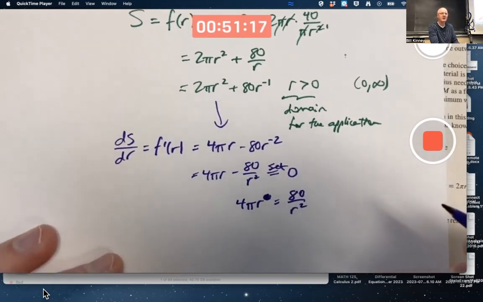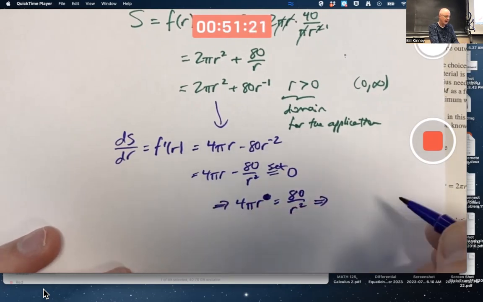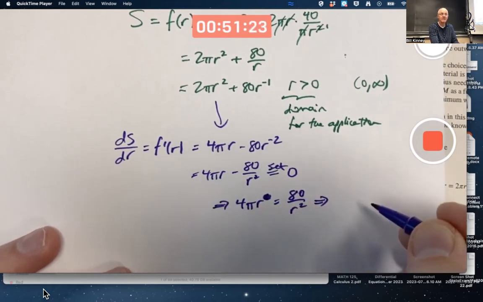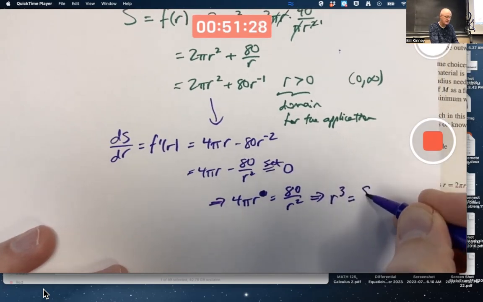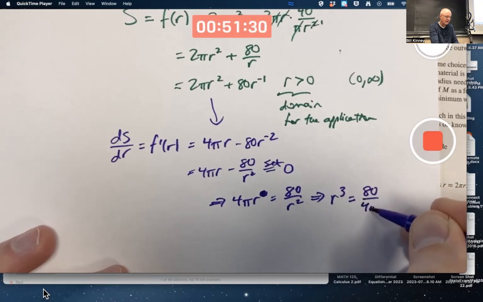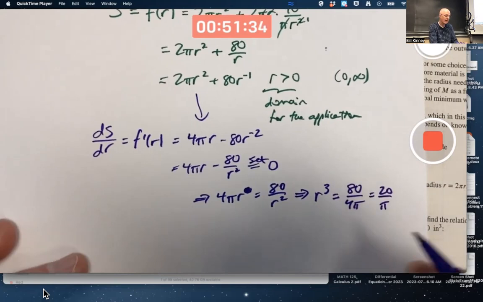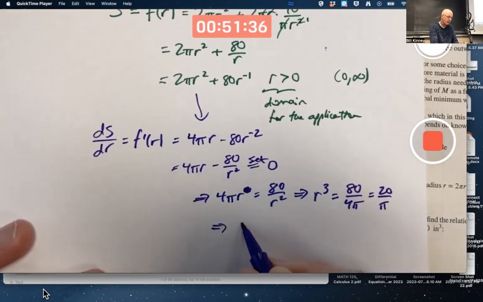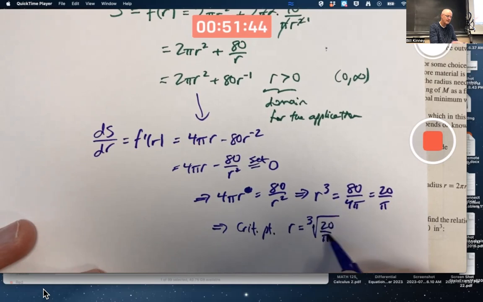Then effectively I'd cross multiply both sides by r squared and divide both sides by 4 pi to get r cubed by itself on the left equals 80 over 4 pi on the right, which simplifies to 20 over pi. And so I guess that means your positive critical point is at r equals cube root of 20 over pi.